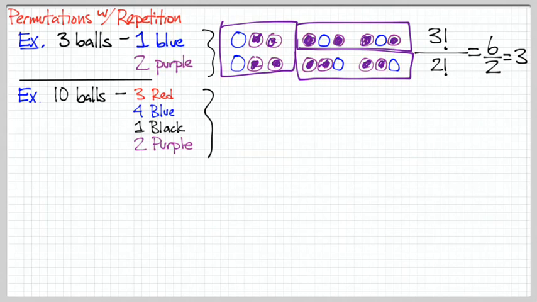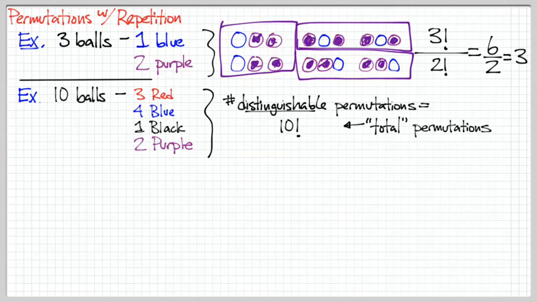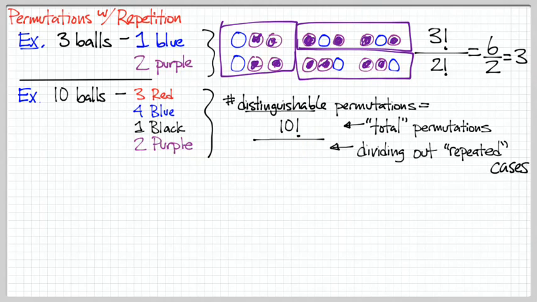Okay? Let's look at another example here with 10 balls. We're going to start with the number of total permutations of 10 balls, pretending that they were all different. In this case, we have 10 factorial ways of permuting all 10 of those balls. But now we need to divide out the repeating cases. So let's start off with the red.